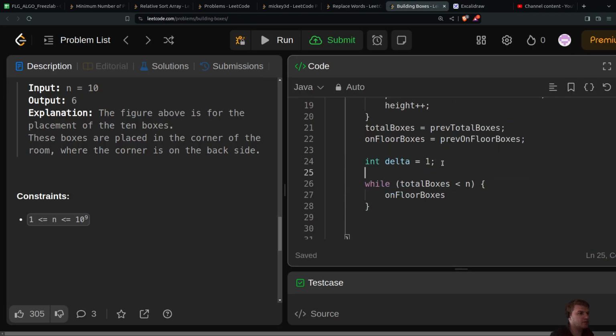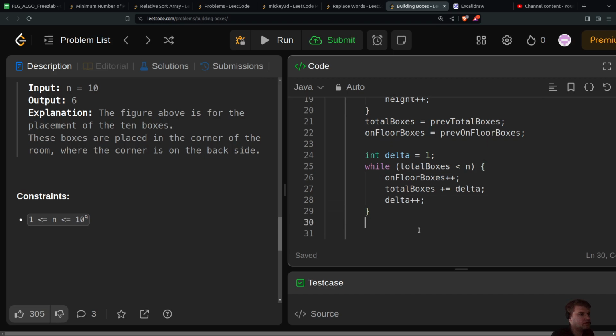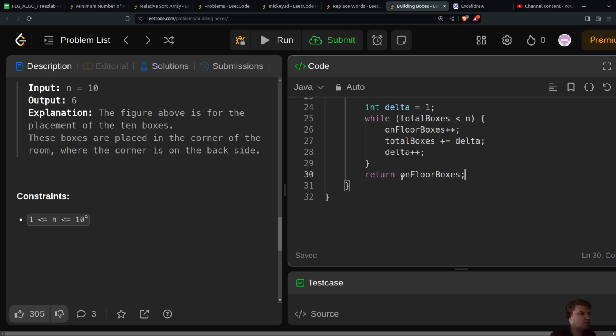Int delta equals 1, on floor boxes plus plus, and then total boxes plus equal delta, and then after that I'll add delta plus plus, and then in the end I need to return total boxes. No, return on floor boxes.